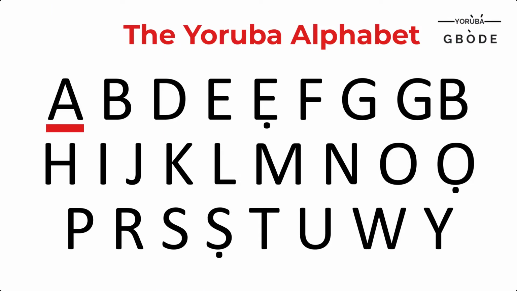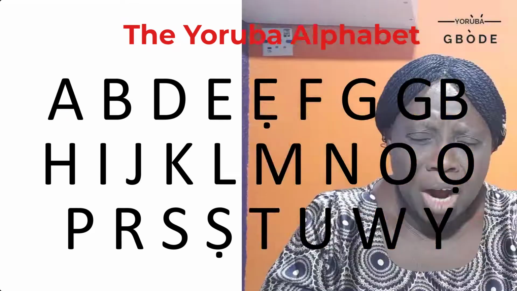They are A, B, D, E, Ẹ, F, G, Gb, H, I, J, K, L, M, N, O, Ọ, P, R, S, Ṣ, T, U, W, Y. This is the alphabet.